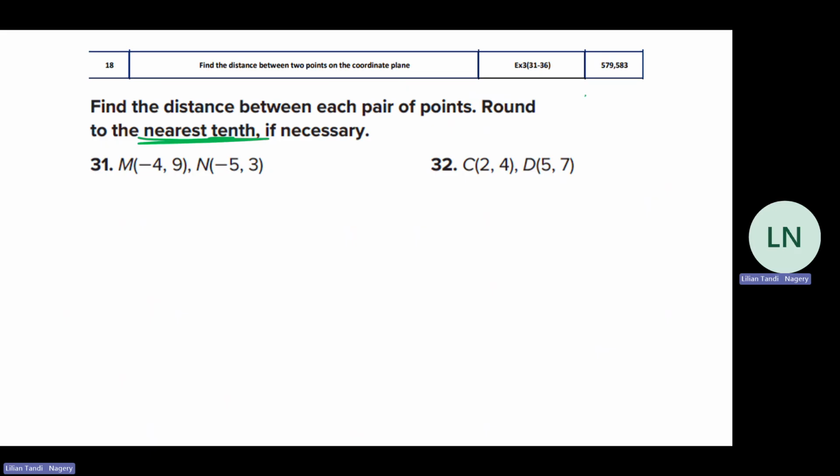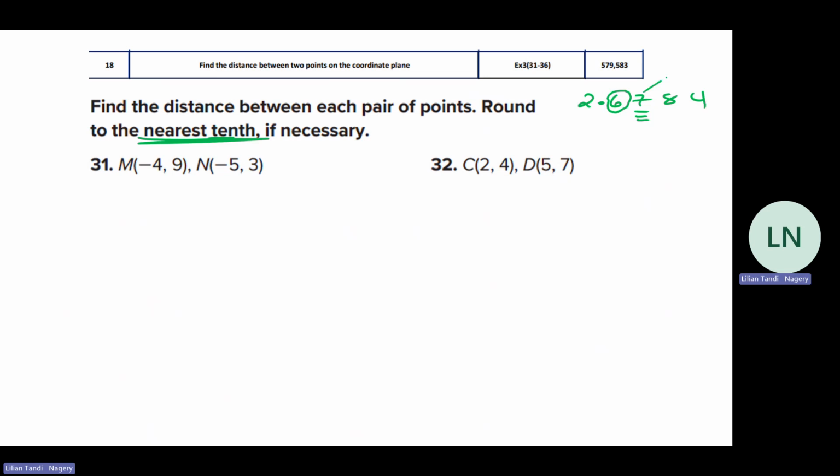So when you get a decimal, let's say 2.6784, the nearest tenth, you circle the digit after the decimal. That's the tenth place. It says nearest tenth, first digit after the decimal. Nearest hundredth, second digit. Nearest thousandth, third digit. Because the question said nearest tenth, we circle the first digit after the decimal, and we underline the digit after.